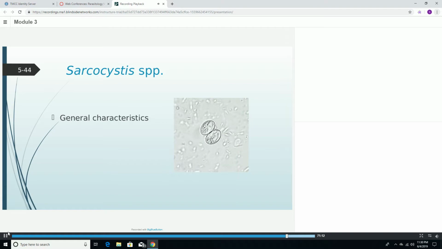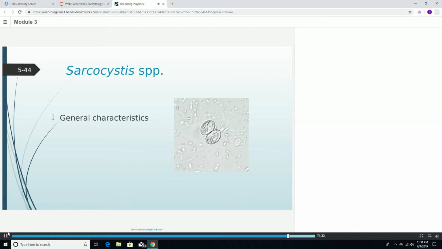Bradyzoites are released from the sarcocyst and invade intestinal cells in these definitive hosts. So humans, dogs, and cats are going to ingest sarcocysts from beef or pork, and then it's going to undergo reproduction inside of our bodies and cause infection.